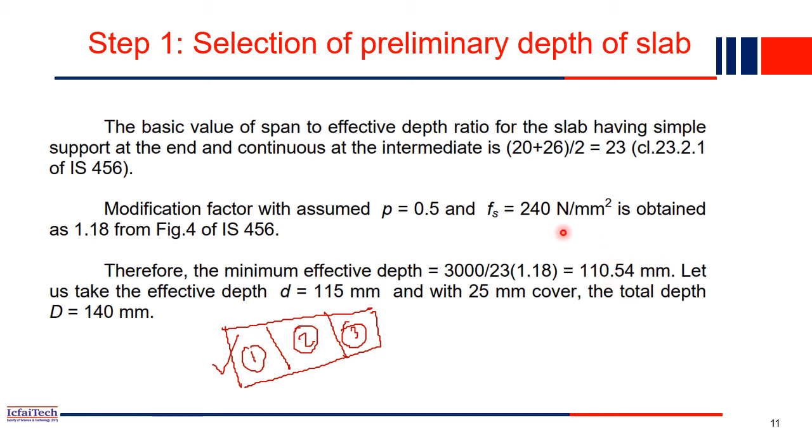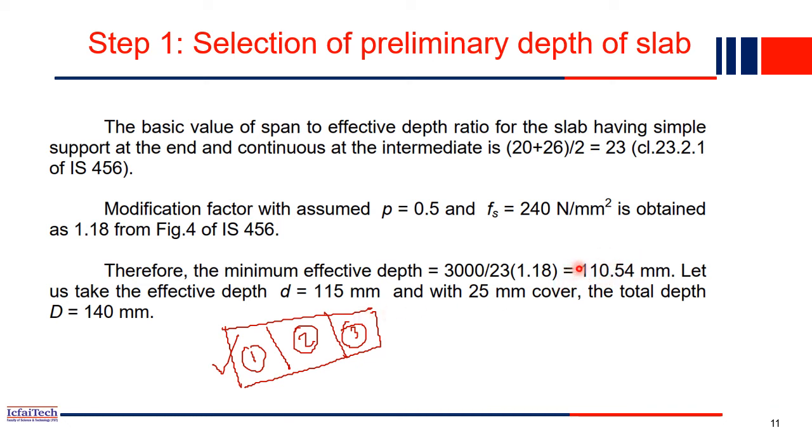This is a preliminary depth based on some equations, although it is not final. So let's take the effective depth d equal to 115 mm with a clear cover of 25 mm, so the total depth D is 140. You can imagine 120 also, no problem, or someone can use 130 or 140, whatever it may be.